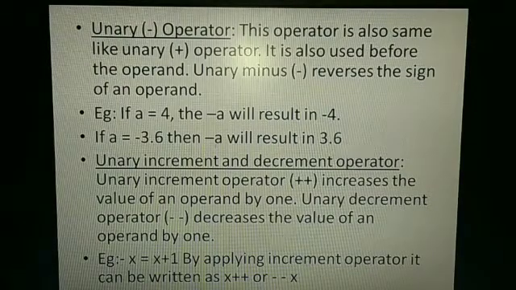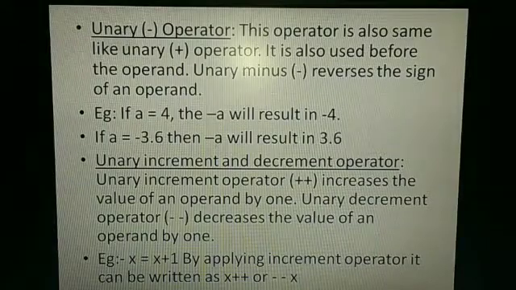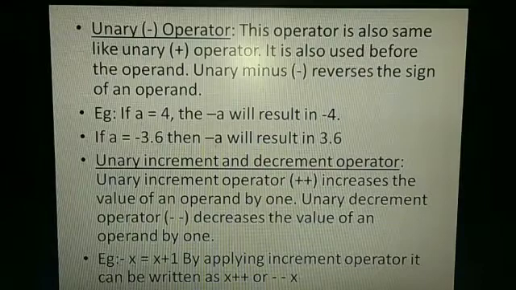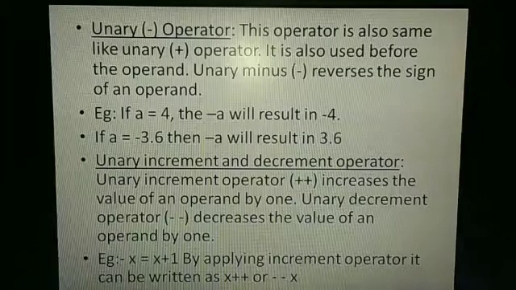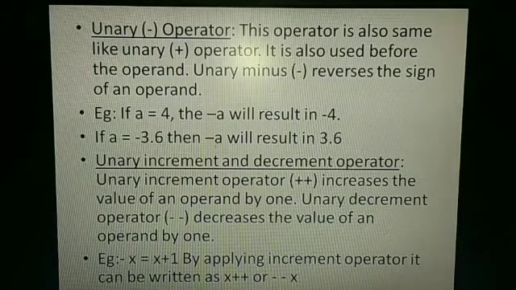Unary minus works the same as unary plus. It is also used before the operand, but it will reverse the sign of an operand in your result. If in the variable the value is plus 4, it will give you the result as minus 4. If in the variable it is minus 5, it will give you the result as plus 5.